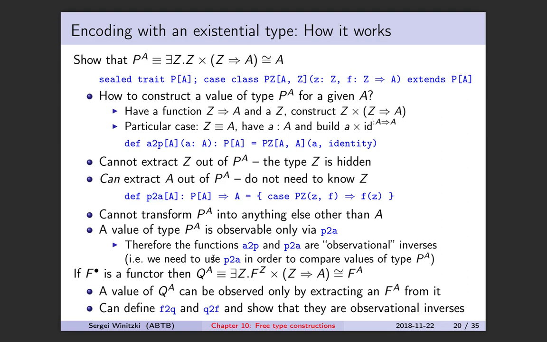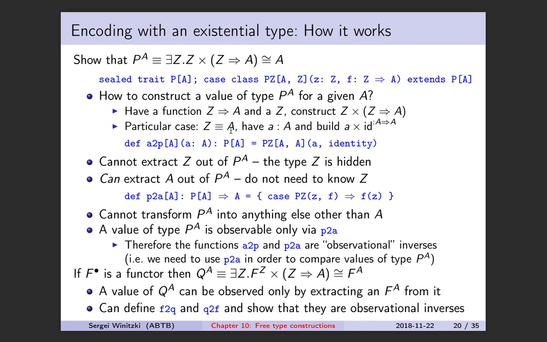And so if you wanted, for example, to compare two different values of type PA, then you cannot directly do that because you don't know what Z is. You cannot look into it, it's hidden. So the only thing you are then forced to do is to extract an A out of this and compare the resulting values of type A.